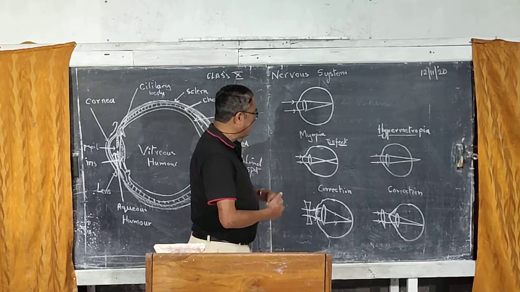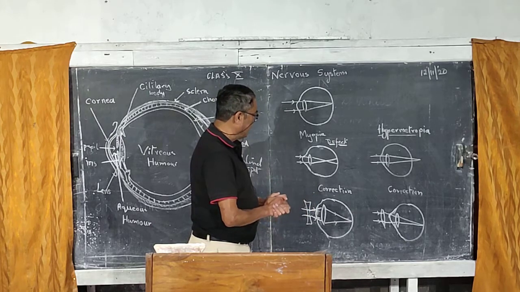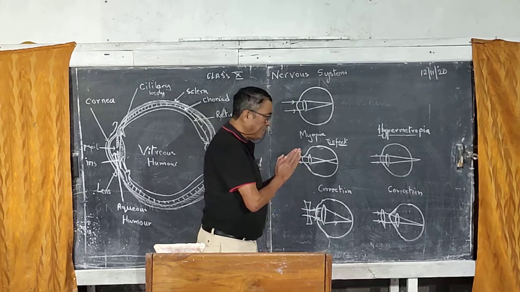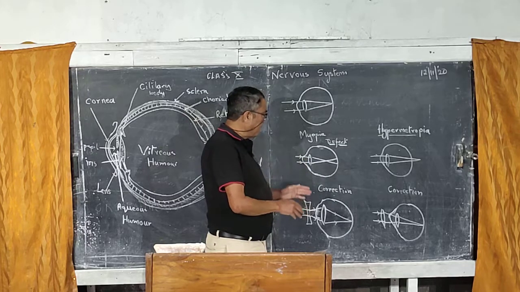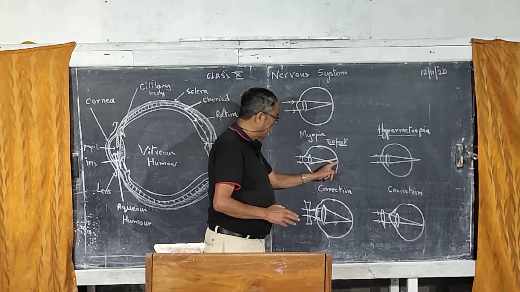Now how to correct this? The reason for the defect first. The lens becomes permanently thick, so the converging power becomes more. The eyeball becomes longer from front to back.